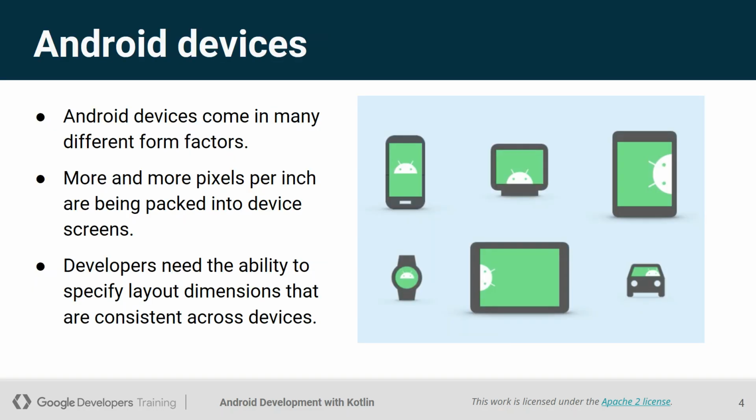Android devices come in many different forms, so are you developing applications for smartwatches? Are they for tablets? Are they for smart cars? Or for what form factor?